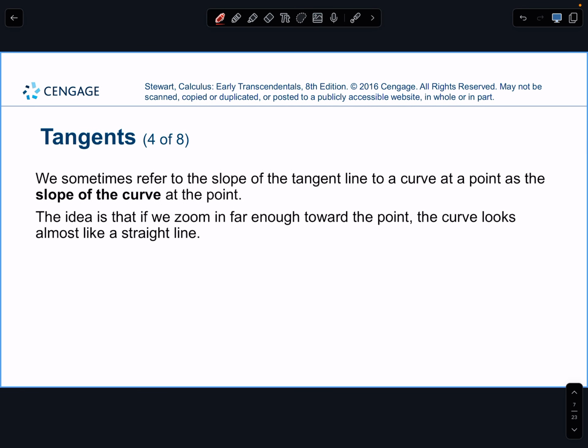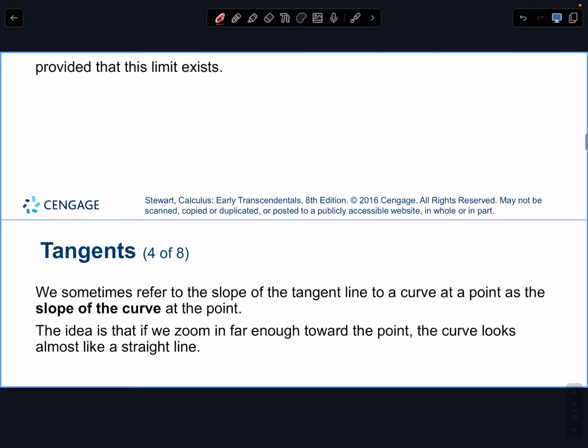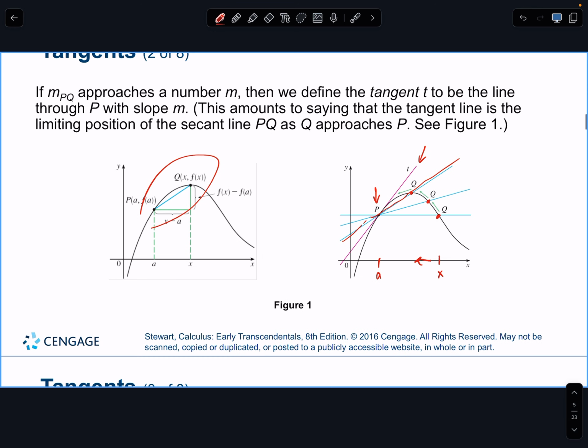So we say the tangent line has a slope. There's a slope of the curve at a single point. We've never talked like that before. Before this course, when you talked about the slope of a line, you were talking about a straight line on a graph. The whole line has a single slope, the same slope at every point. Now, when we say the curve, we mean the curvy curve, this black line here.